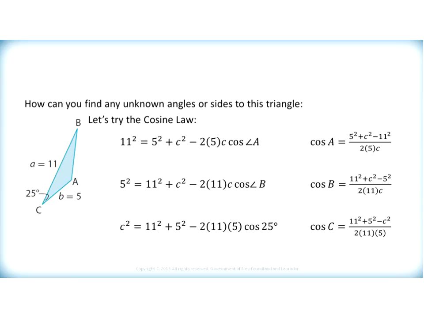What you might notice is that in the first one, I have two missing pieces of information, c and angle A. In the second one, I have two pieces of information missing. In the bottom left version, c squared, all of it's available, or all of it's there.